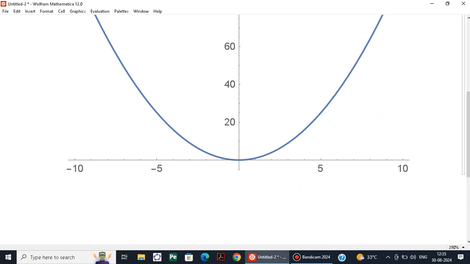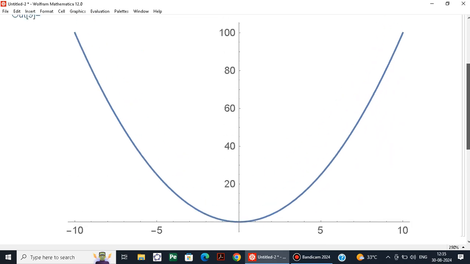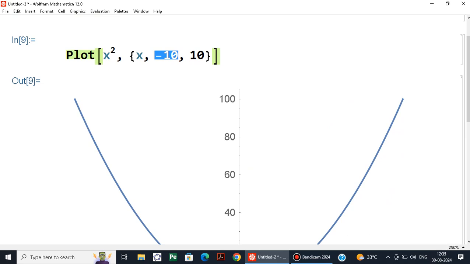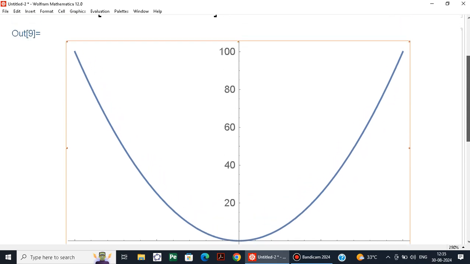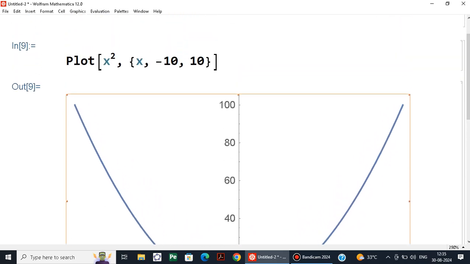The minimum value for the given graph is minus 10, and the maximum value for the given graph on the positive x-axis will be plus 10. Now you can change these values, minus 10 and 10, to your new required value according to your need.